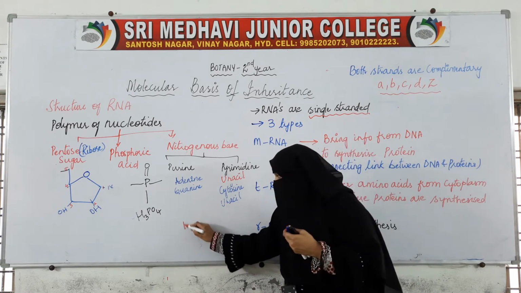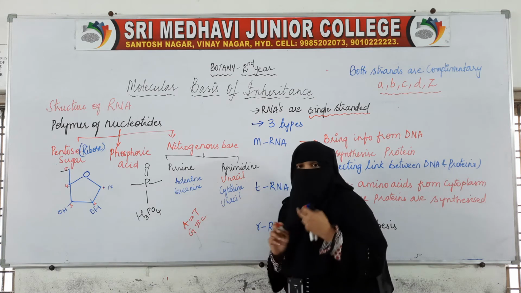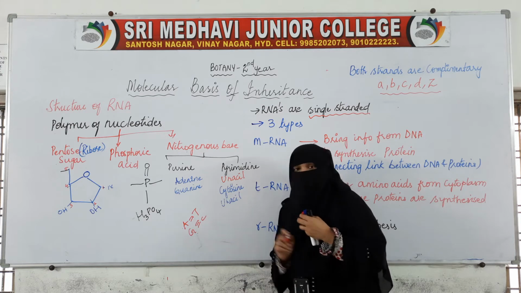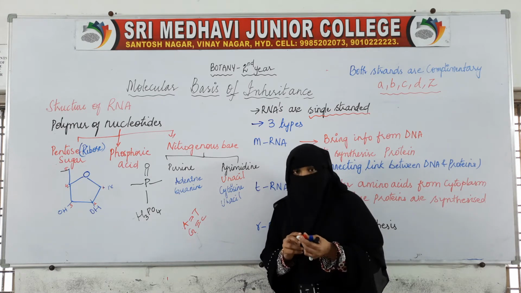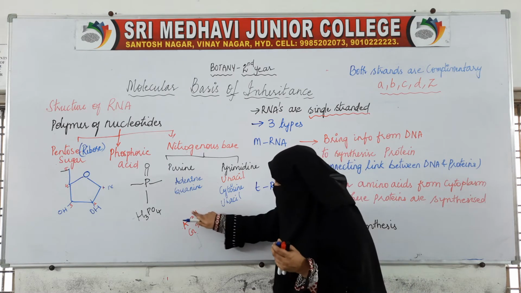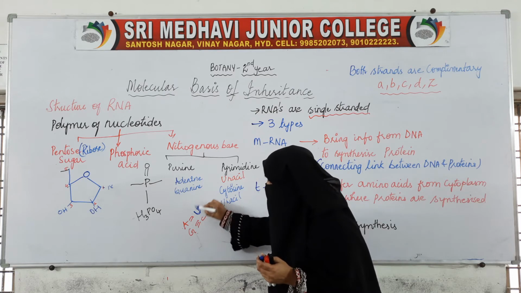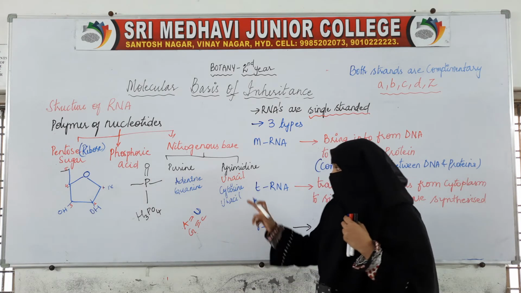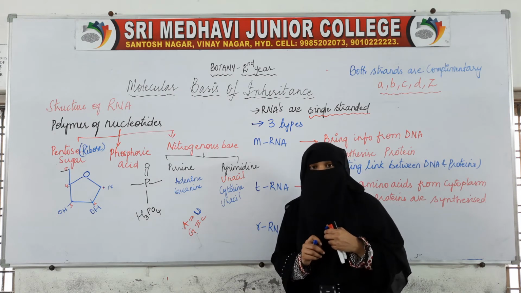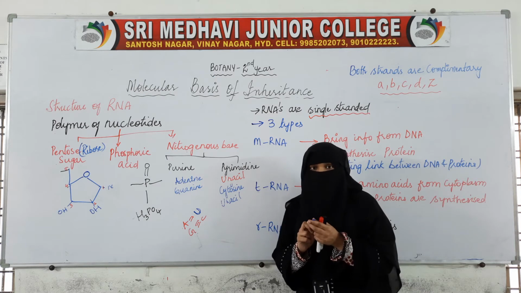In DNA, A was always pairing with T, and G always pairing with C. That is, adenine pairs with thymine, cytosine pairs with guanine. But in RNA, instead of thymine, adenine always pairs with uracil.